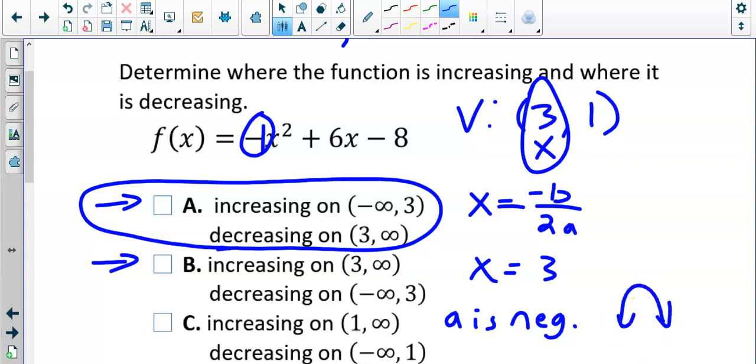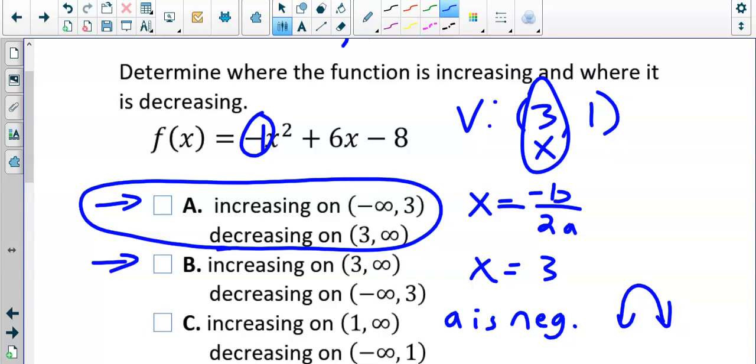And right there, you now know how it's going to increase and decrease. The beginning of my graph will be increasing till it gets to the 3, and then it will decrease. Okay? So from negative infinity to 3, we're increasing. From 3 to positive infinity, we're decreasing.